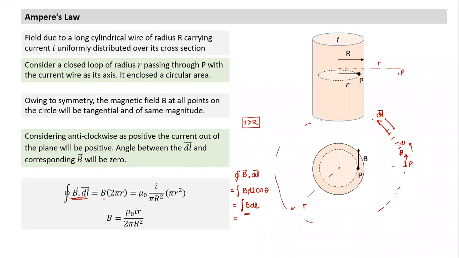First I need to evaluate this term. What can I do next? Length is 2 pi into radius. No. First thing, I can take B out of the integral. Why can I take B out? Because it's the same everywhere. Because of symmetry, all points are equidistant, so everywhere the value of B is the same. B can be taken out.